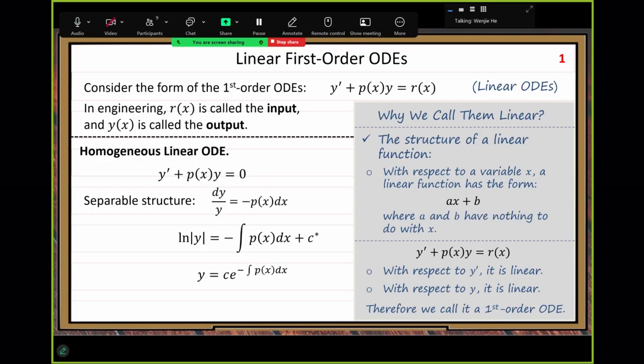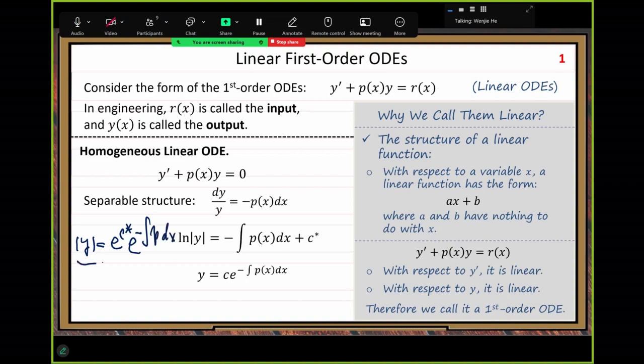If I do not remove the absolute value, I should write one step like this: absolute value of y equals e to the c star, oh sorry, e to the c star, constant, times e to the negative integral p dx.